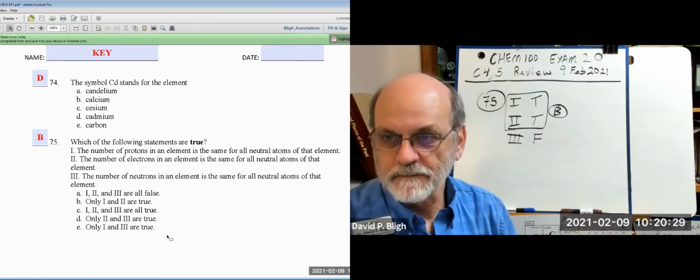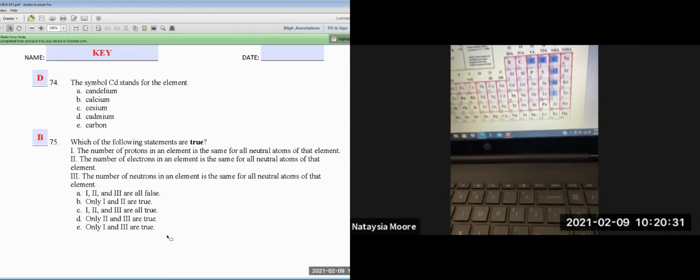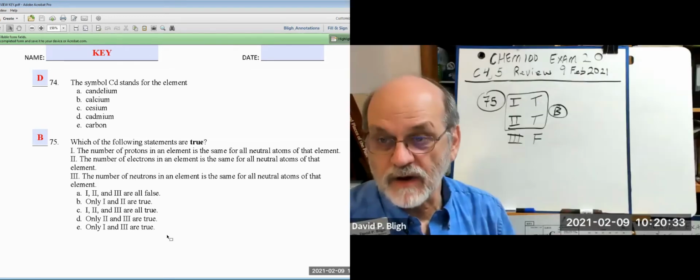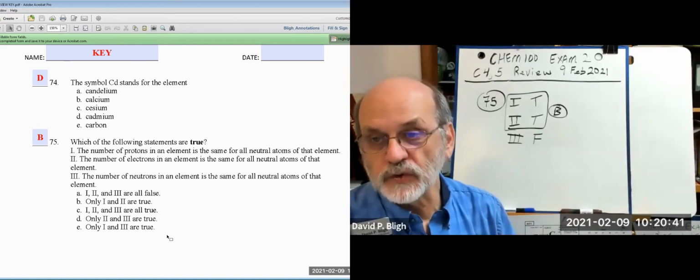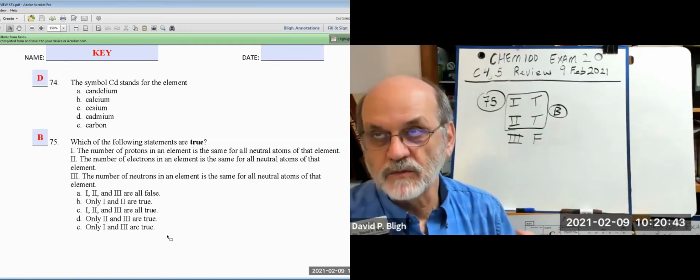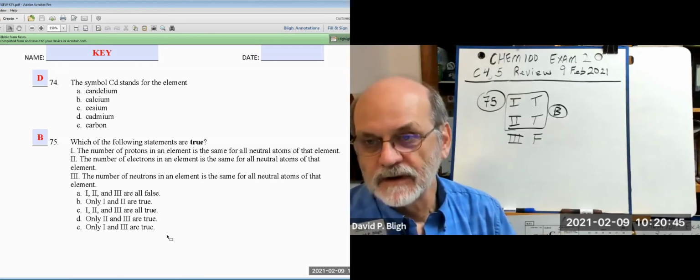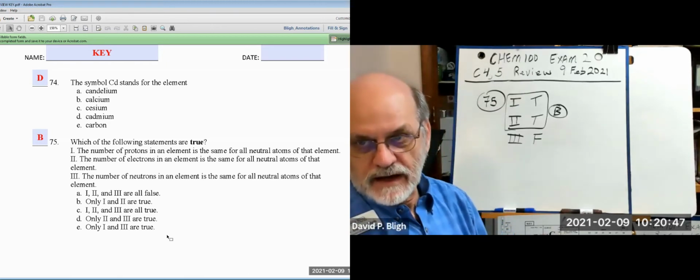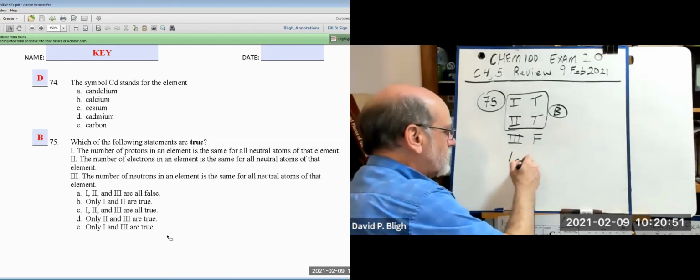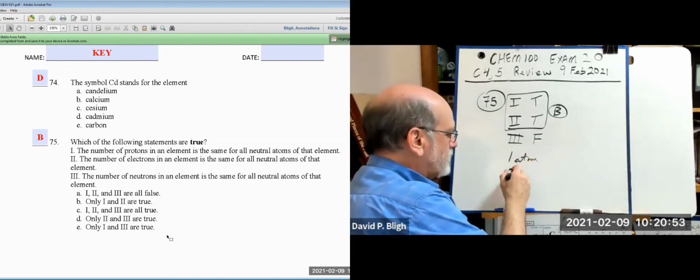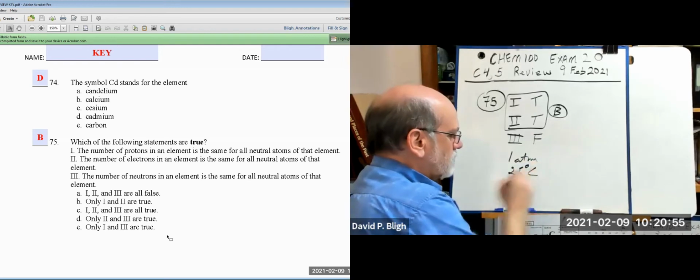memorizable. Right. And then the ones that are highlighted in the background with blue, those are your diatomics. Hydrogen, nitrogen, oxygen, fluorine, chlorine, bromine, iodine. Those are all written as diatomics at 1 atmosphere pressure and room temperature.